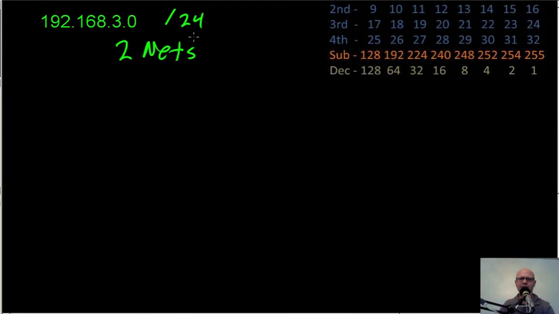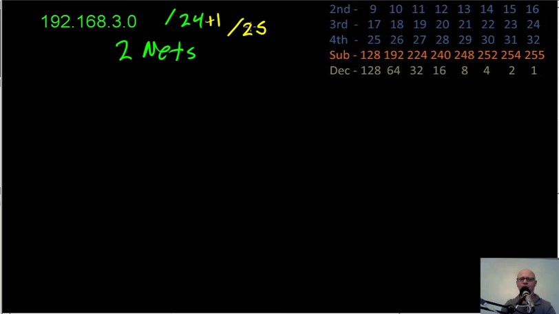So that means we have 24 bits in the network portion and 8 bits in the host portion to play with, but we're going to borrow one of those bits and change our subnet mask. If we borrow 1 bit, that makes our new network portion /25. All I did was 24 plus 1 borrowed bit equals /25.